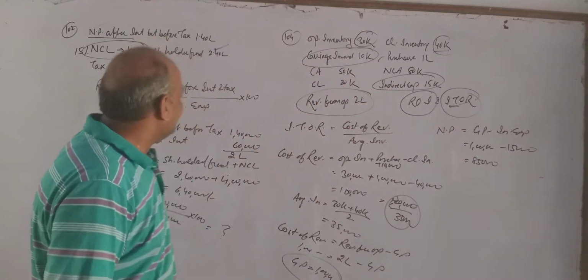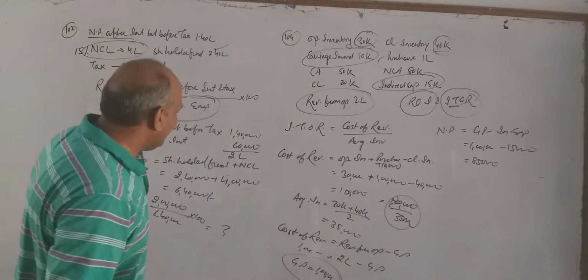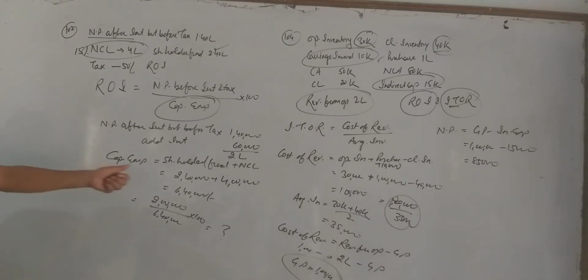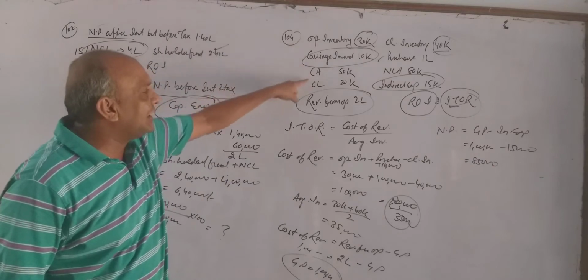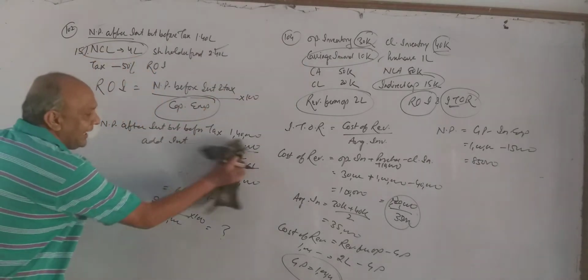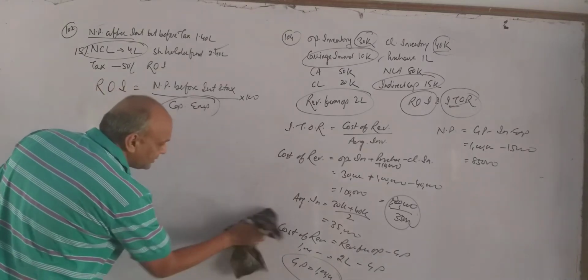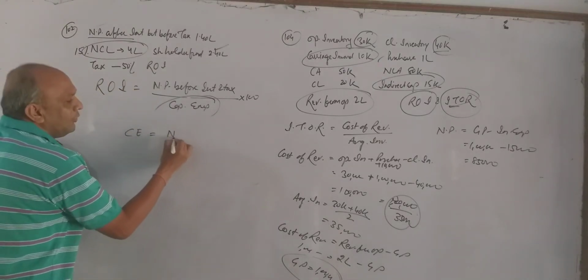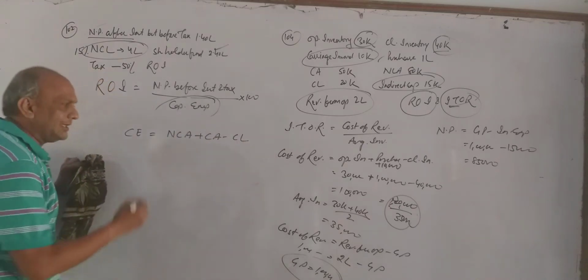Now the second item we need is capital employed. For capital employed, I just told you the formula. What was the formula? Shareholder fund plus non-current liabilities. But here not a single item of shareholder fund or NCL is given. So if you remember, we discussed one more formula for capital employed: non-current assets plus current assets minus current liabilities.